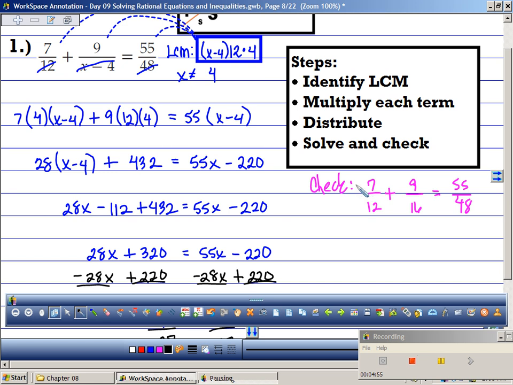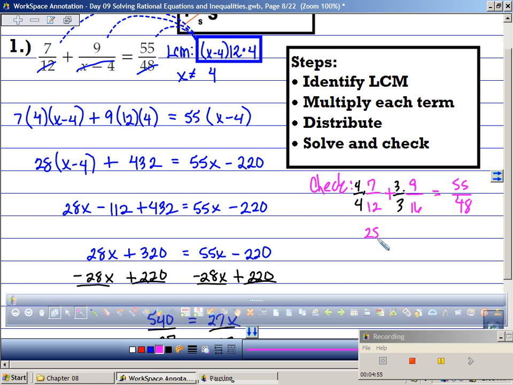Multiply this one by 4 and this one by 3, and you get 28 over 48 plus 27 over 48 equals 55 over 48, which is true. Check. Yes, it is. In the homework, if you don't have to check it, like they don't want it, they're going to ask you to check it.